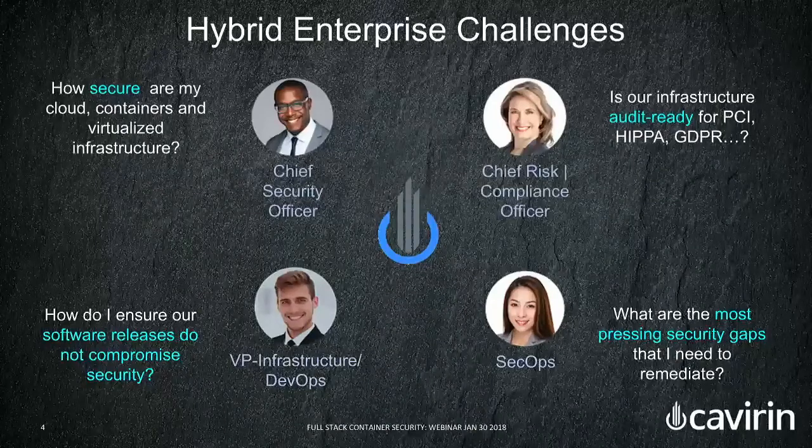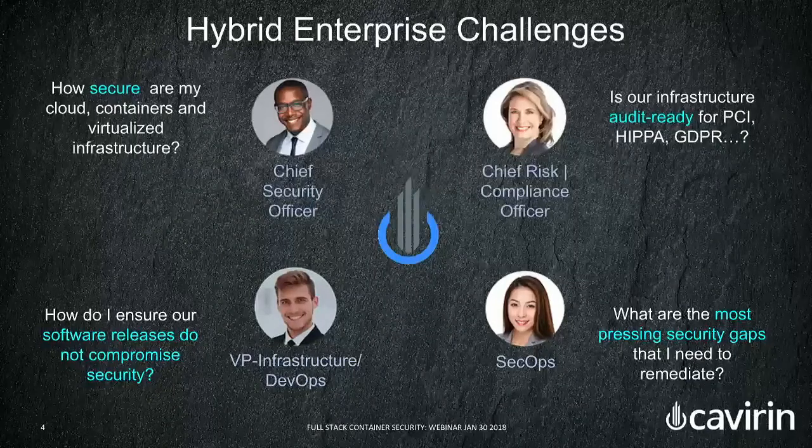Now, if you are a security and compliance professional, like the folks that you see on this particular slide, your job is now much more complex than ever before because you're dealing with a significant amount of diversity in terms of a hybrid enterprise. If you are a chief security officer, you probably are interested in the overall risk and security of your enterprise, given the diversity.